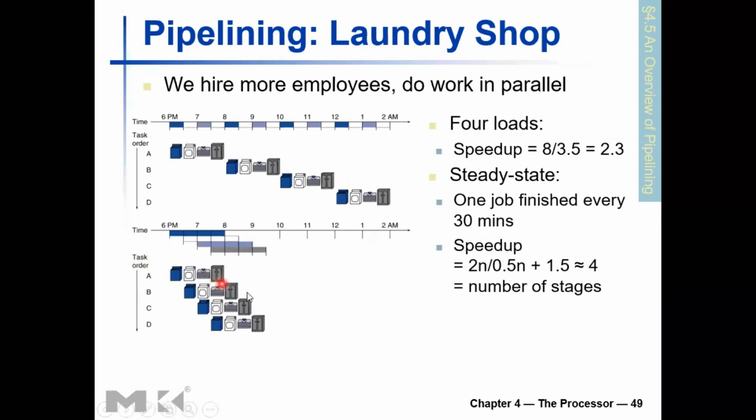If we can divide the stations or the entire work of the laundry into more than 4 stages, if we can divide it into 8 stages somehow, then we can expect a speed up of 8 times, right? Because we can then finish one load in an even smaller time window.